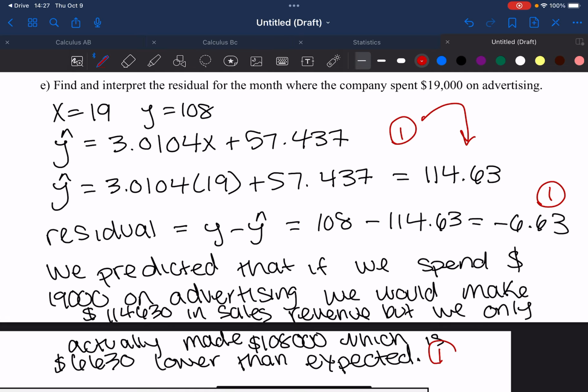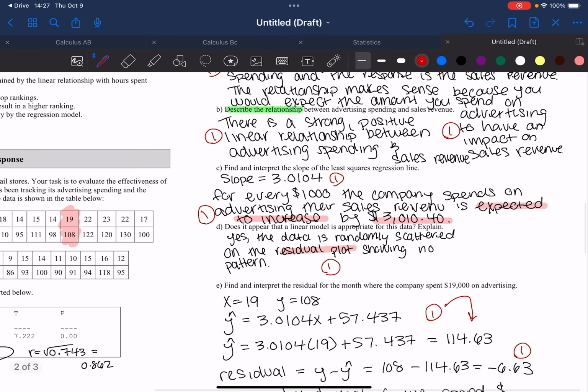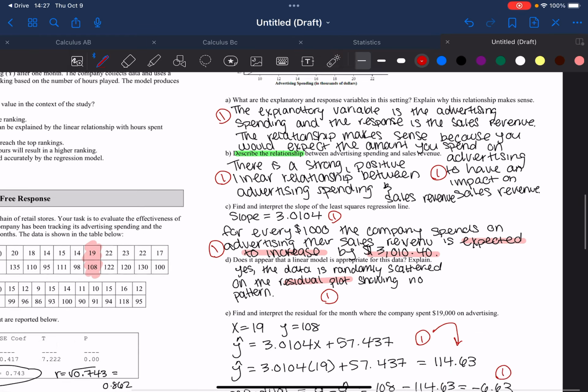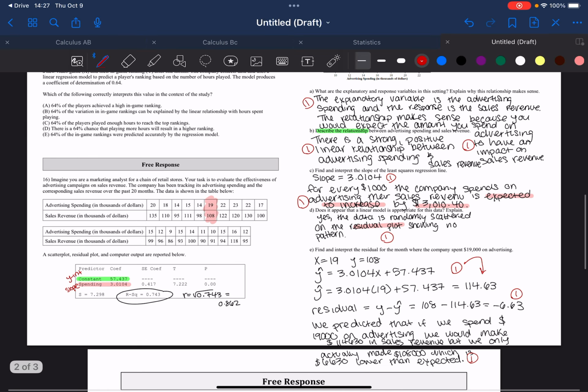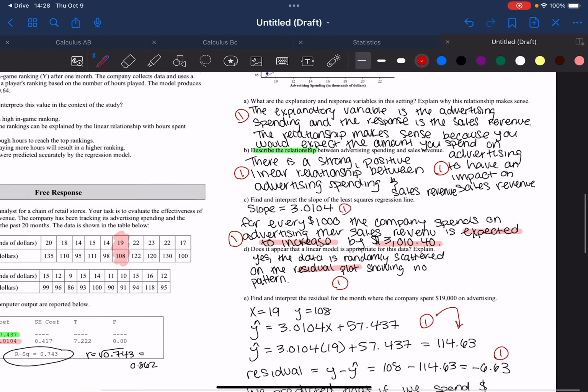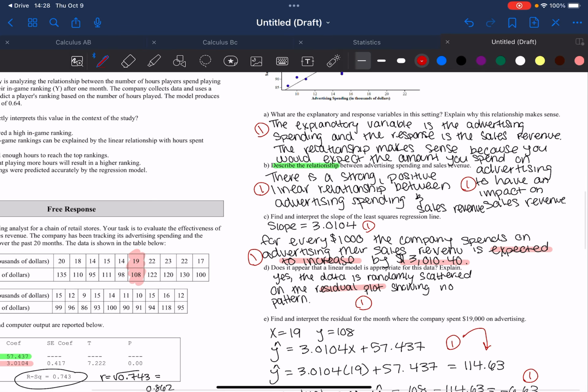That is 1 point. So it should be, let's see, 3, 4, 5, 6, 7, 8, 9. Maybe I'm missing a couple points. Give me 1 minute. Okay, so Part A was 2 points.